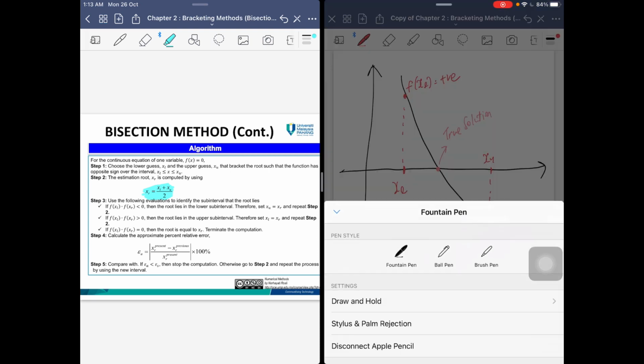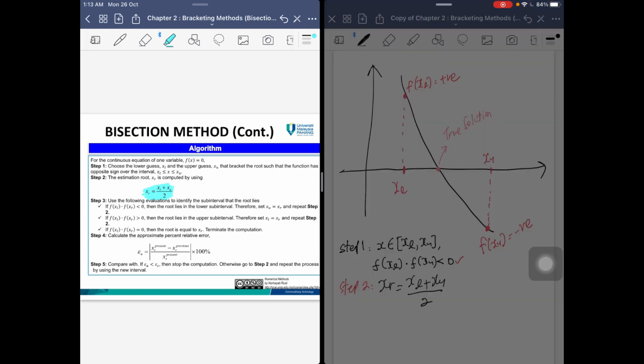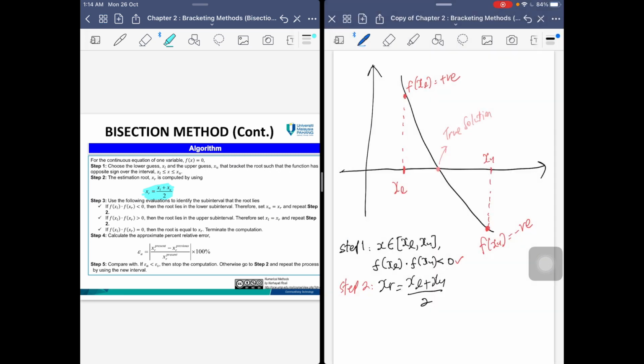So step number 2, we calculate XR equal to (XL + XU) divided by 2. Let's say by using this bisection formula, we get this here as our XR.